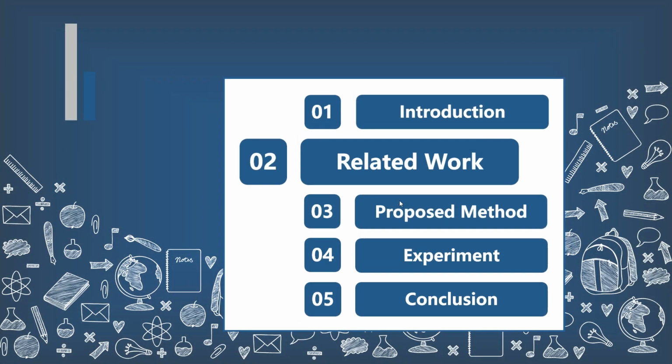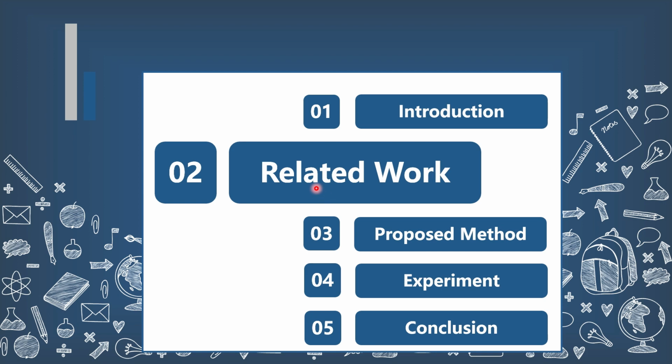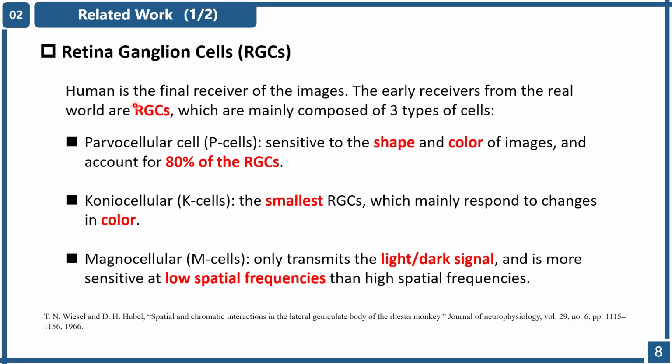Now, let's move on to related work that has informed our research. First, let's briefly discuss retinal ganglion cells, as they serve as inspiration for our work. Humans are the final receiver of visual information, but the initial receivers from the real world are RGCs. These cells mainly come in three types: parvocellular cells, which are called P cells.